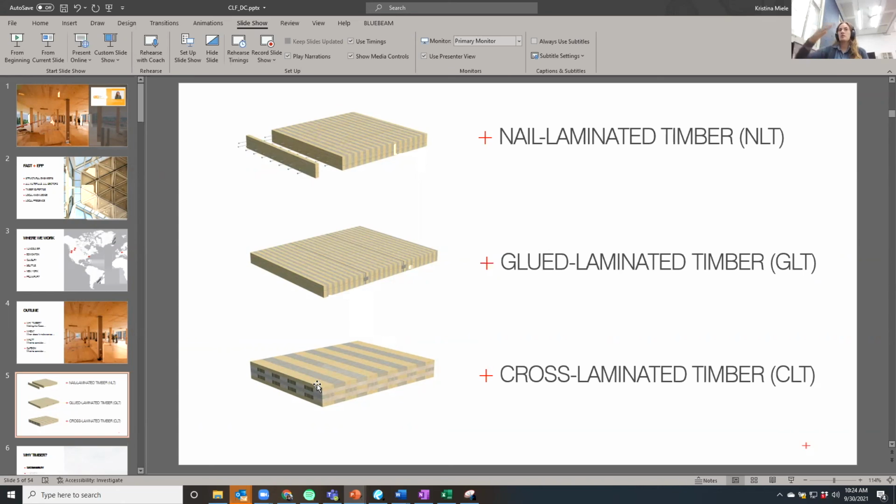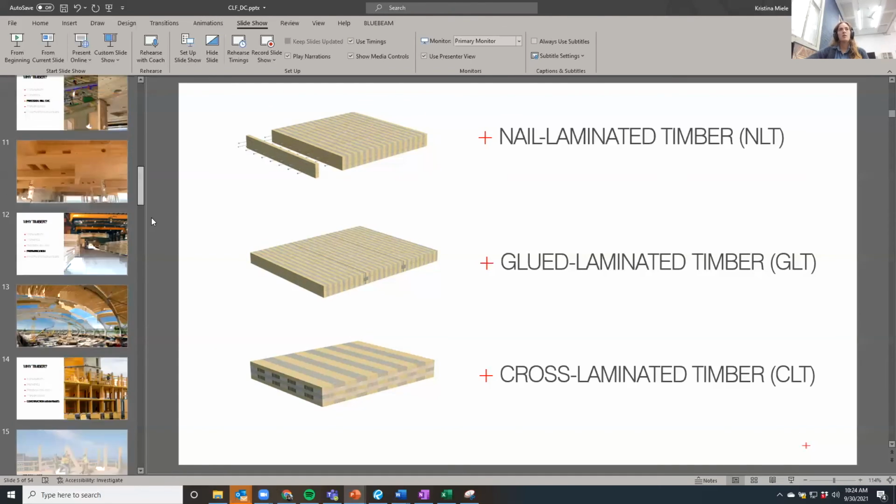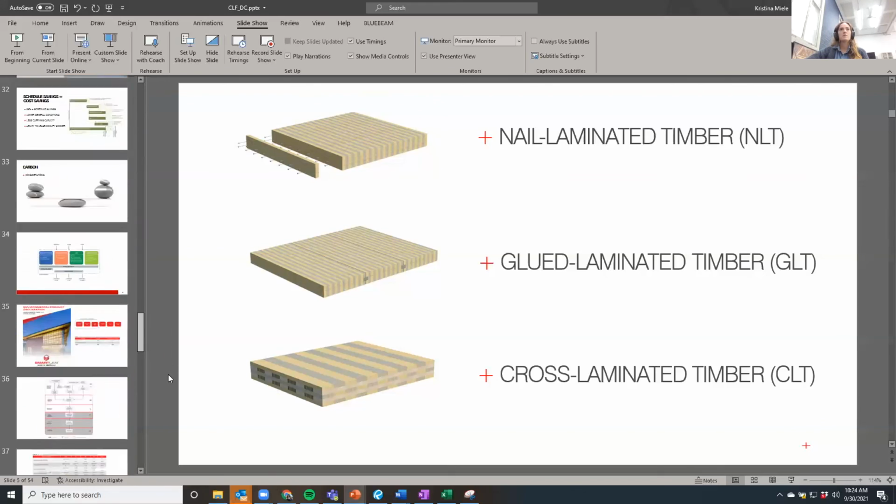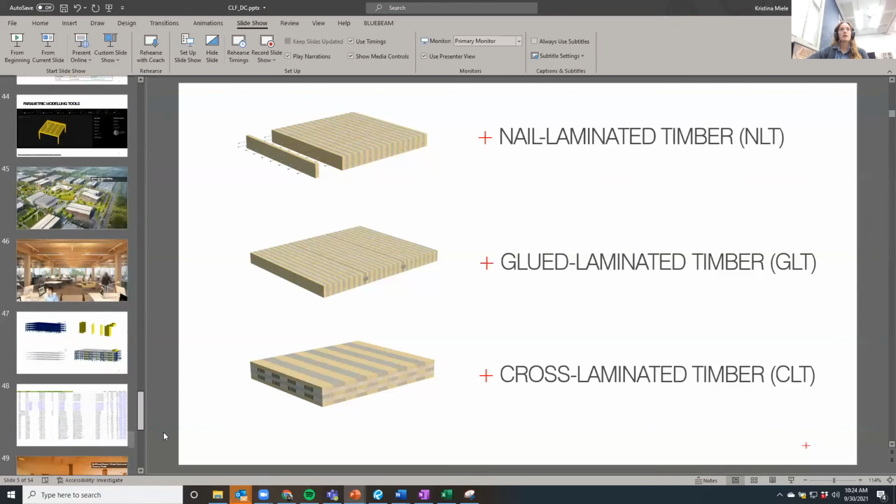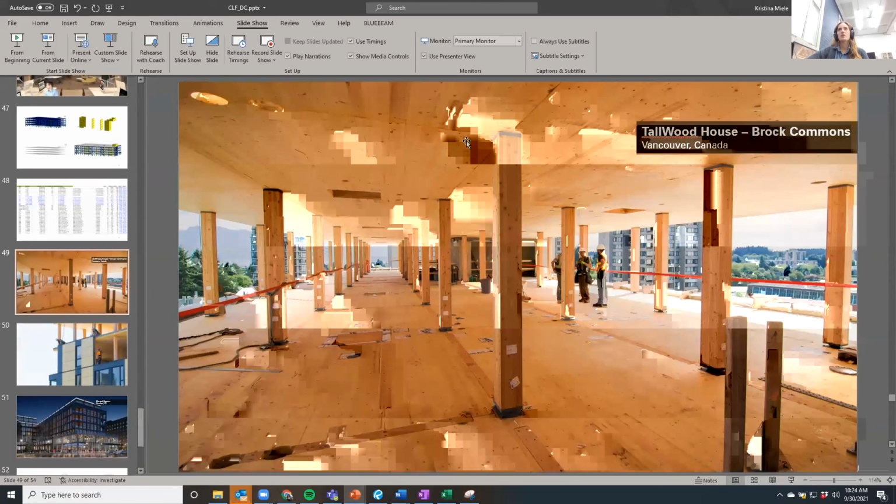CLT actually turns the member on the flat and crosses the direction in different laminations, and that gives it some two-way spanning capacity, which means you can do things like we did on Brock Commons, where you can eliminate the beams and use it more like a concrete slab, spanning from column to column in two directions. You couldn't do that with a DLT or a GLT product.